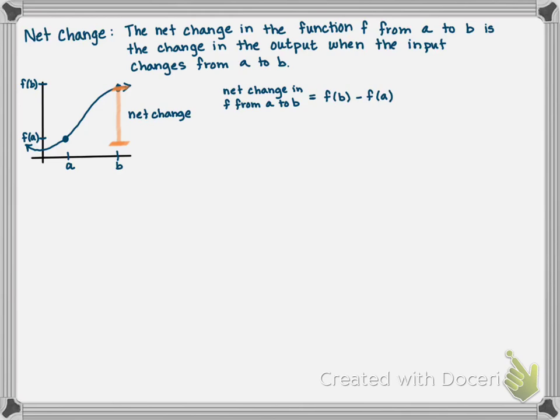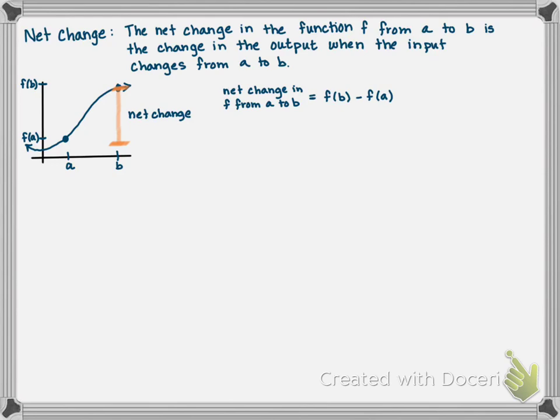So it's always going to be the output associated with the rightmost point minus the output associated with the leftmost point. So if you think again about walking along that curve, you're doing ending minus beginning to figure out what the change was.